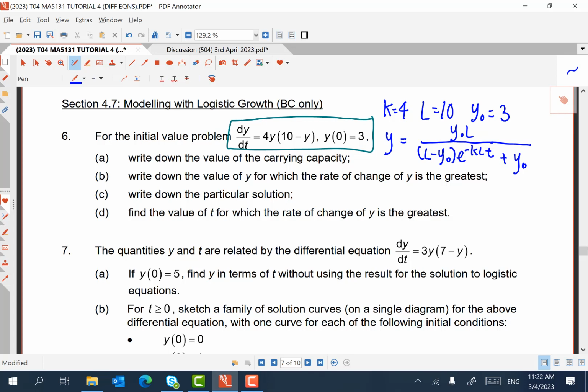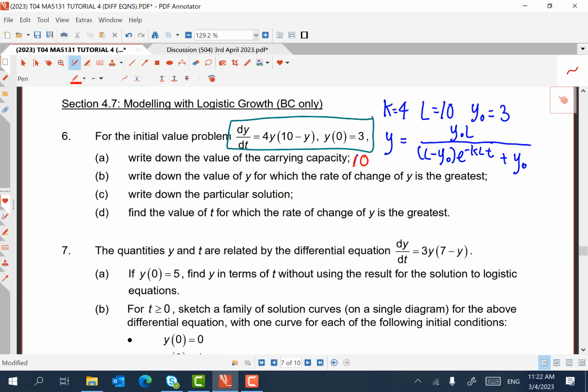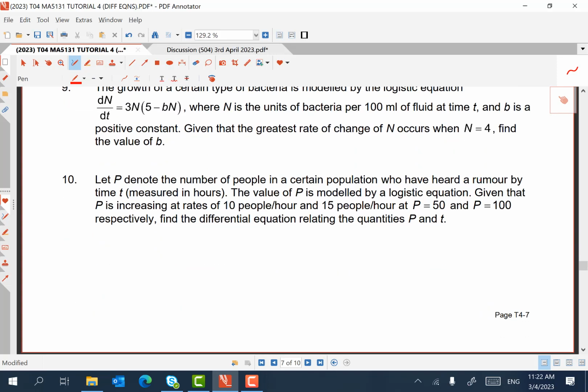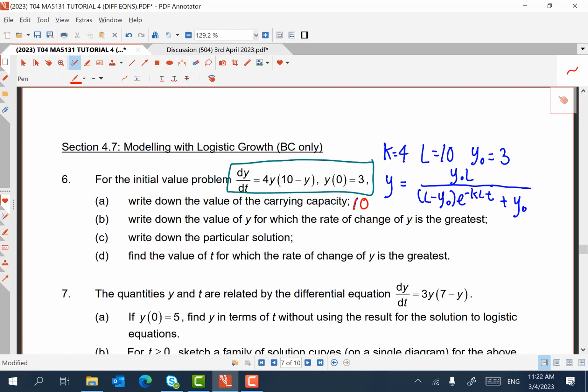Right. So Jingwen, 6A I've done for you already, it is 10. What is B? What is the answer for B, Jingwen?